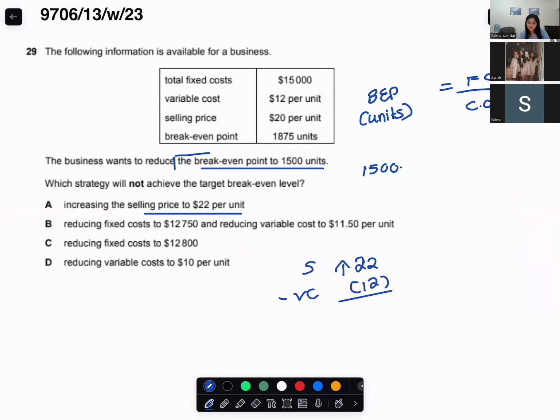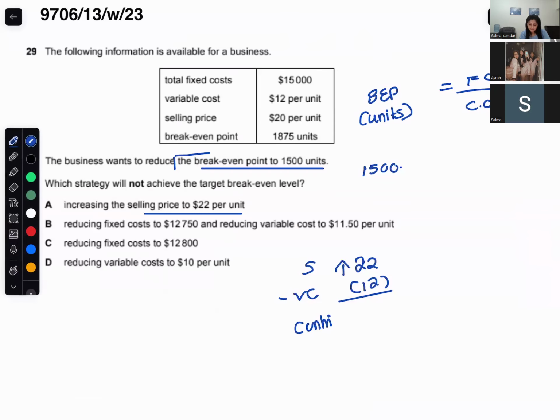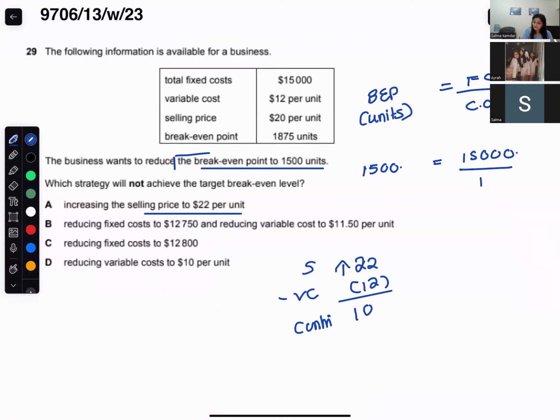Oh no, I was saying 12 is the variable cost, so minus. So what will be my contribution per unit? It will be 10. So fixed cost would remain the same, 15,000. Contribution per unit will become 10. So it will make it 1500 units. So this will help you achieve the target.